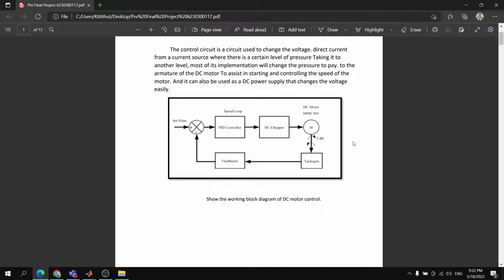Most of its implementations are used with DC motors to assist in starting and controlling the speed of the motor, and it can also be used as a DC power supply that changes the voltage easily. This picture shows the working block diagram of the DC motor control.